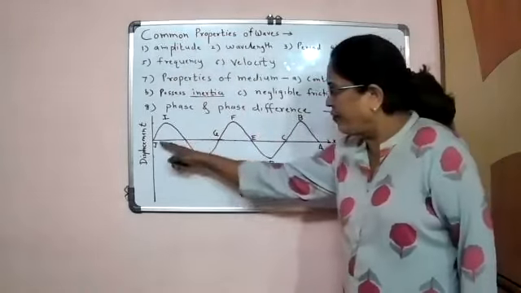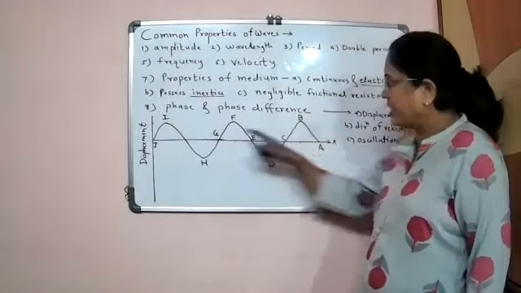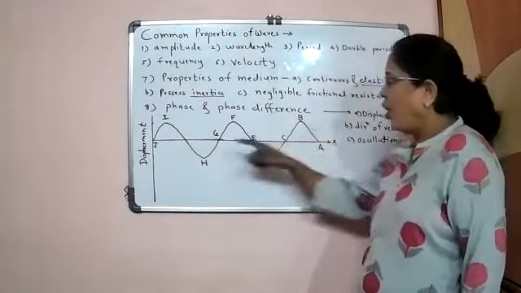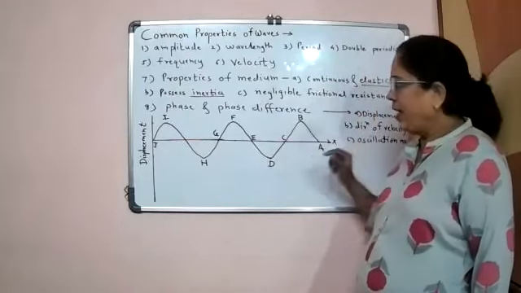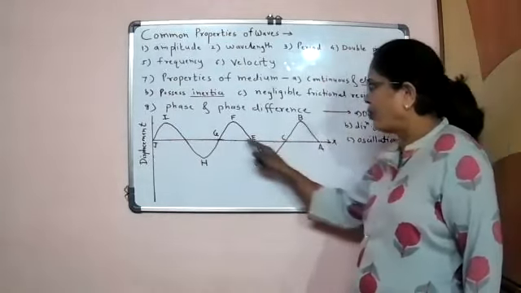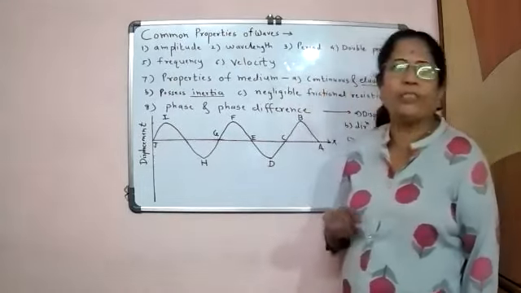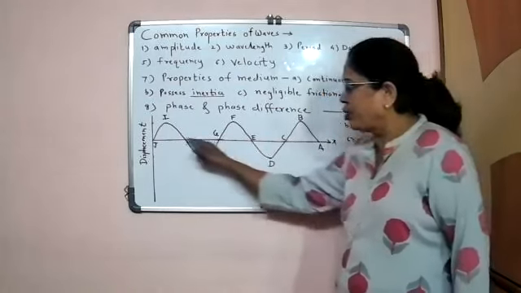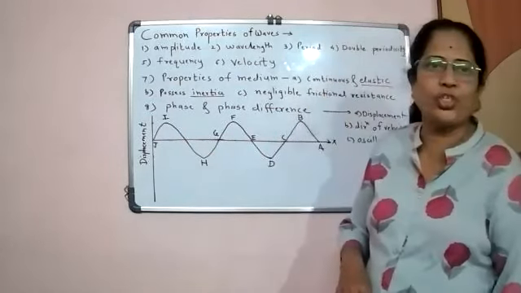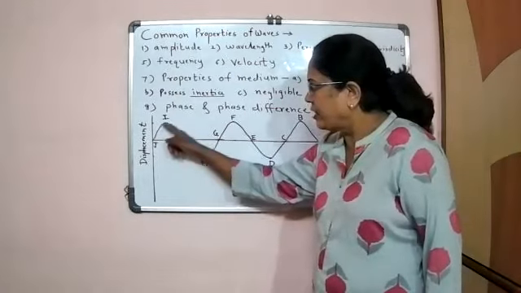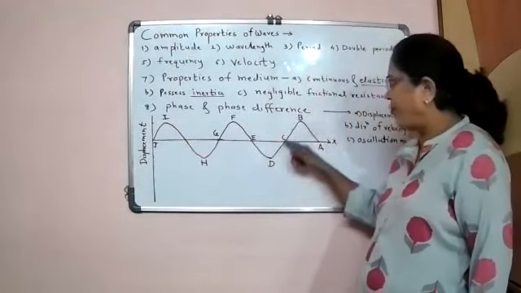See, this is a wave on a string, and this is the mean position or original position of the string. And this is the form of the wave.